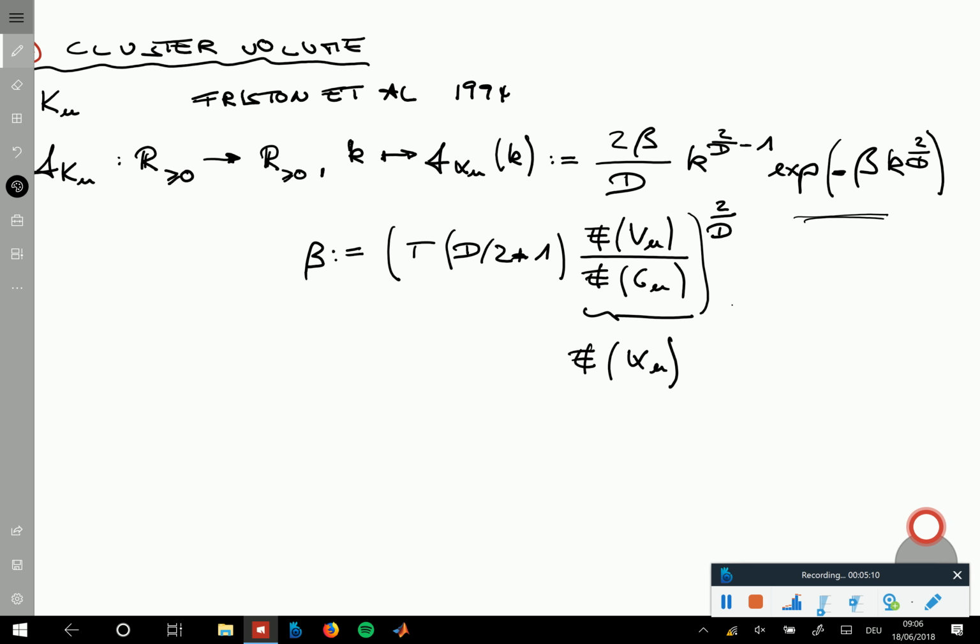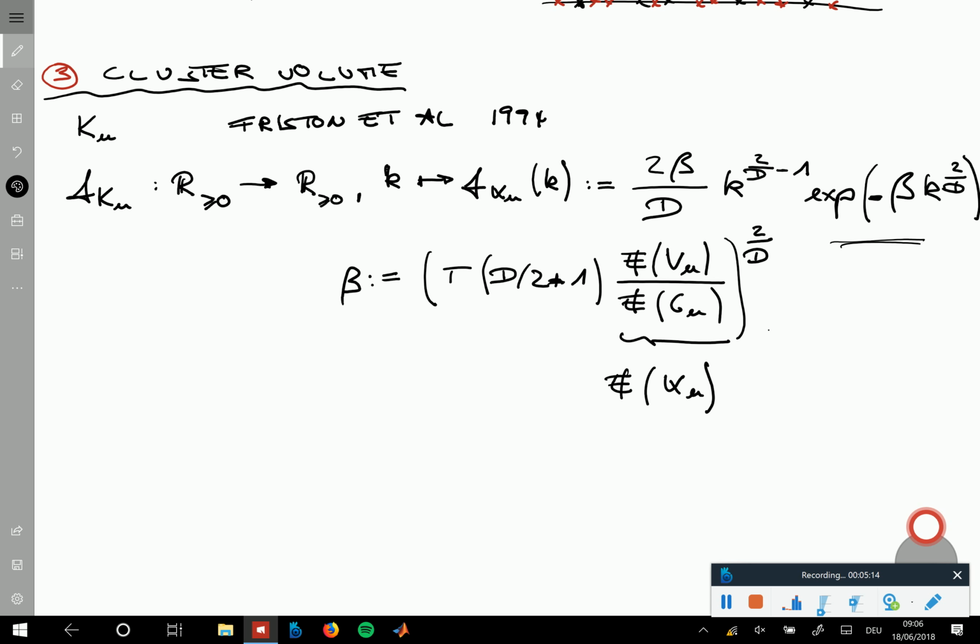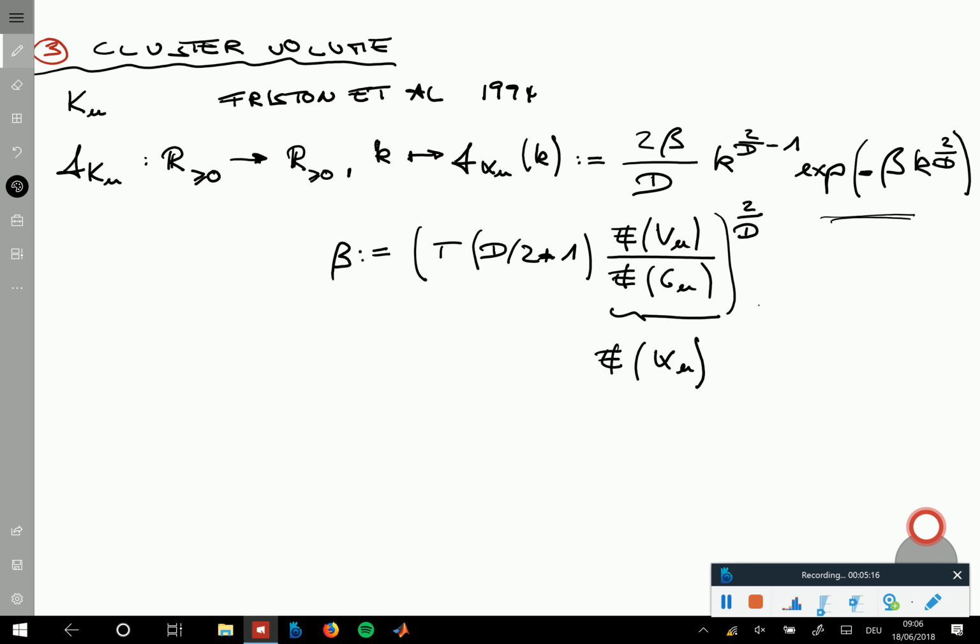Yeah, the question is now, where does this come from? So why use this kind of probability density function for the distribution of the cluster volume? And this is interesting.